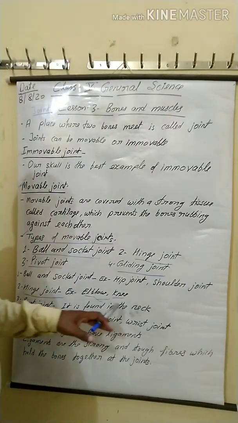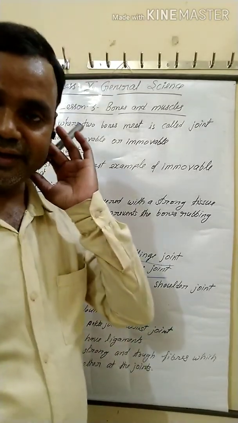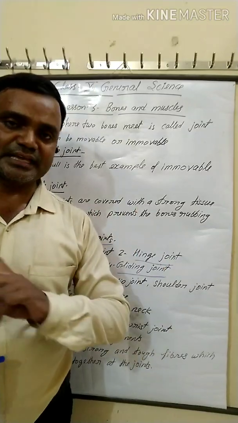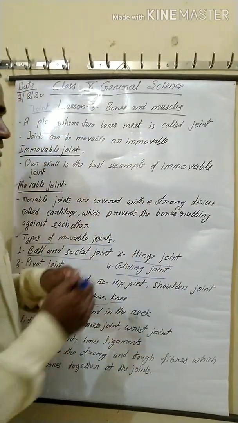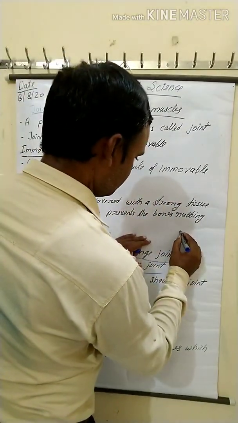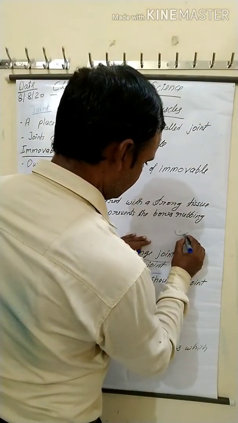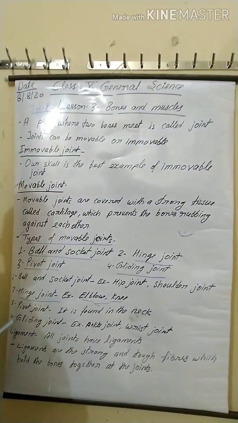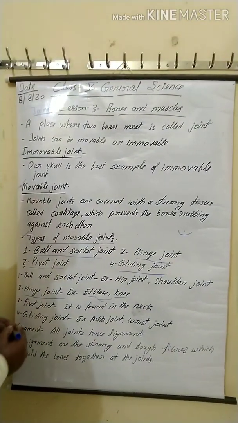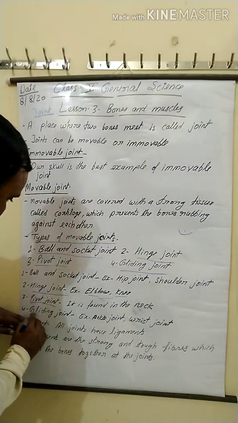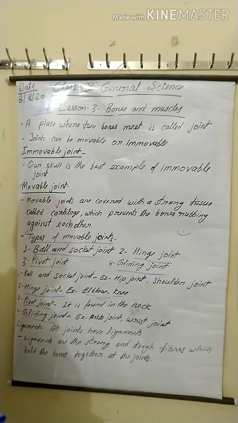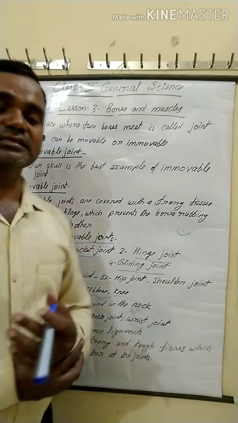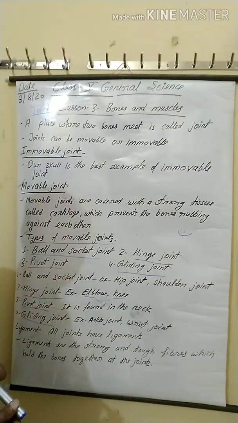It is found in the neck, and the neck moves around in a semicircle, just this way. Pivot joints, clear or not? Next, gliding joints. Gliding joints are found in the ankle and wrist joints.